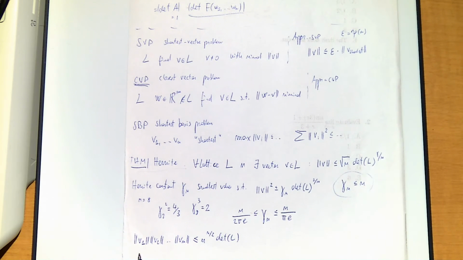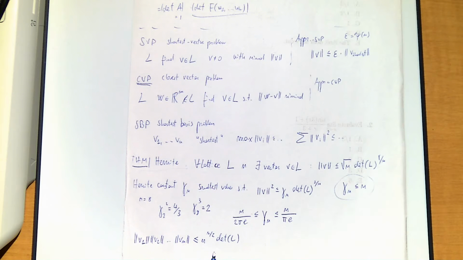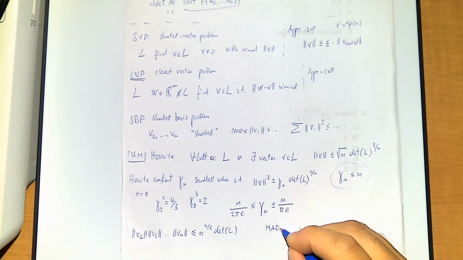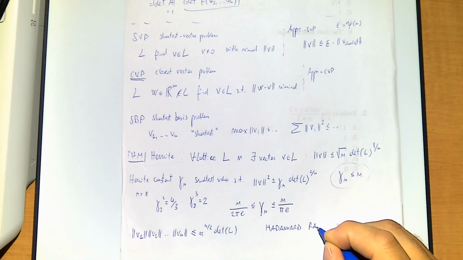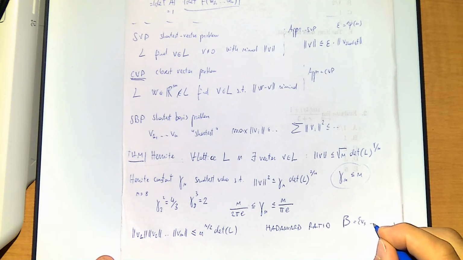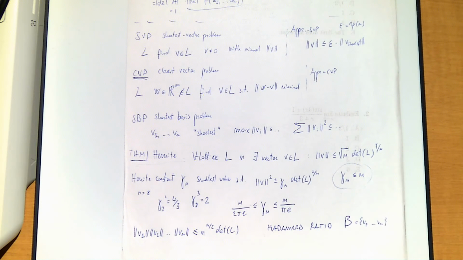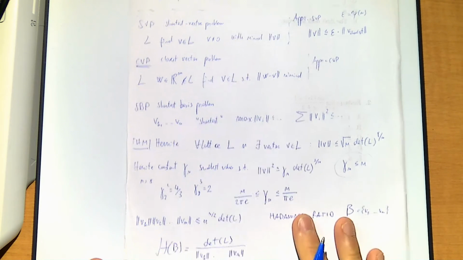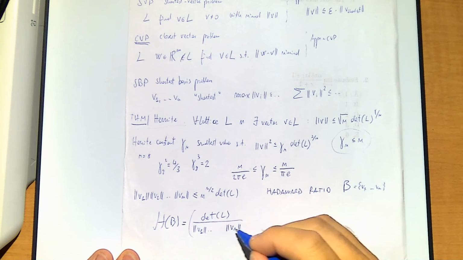Putting that together, the product of the norms is also smaller than n to the n over 2 determinant of L. And so what you can do is define what we call the Hadamard ratio. That should be intuitive: the ratio of a certain basis B, v1, ..., vn, is exactly determinant of L divided by the product of v1 through vn, and then we'll take this to the power of 1 over n.